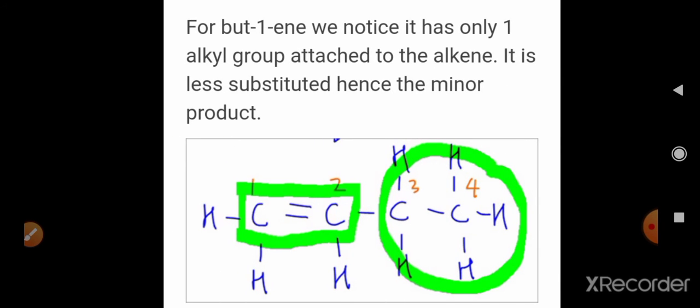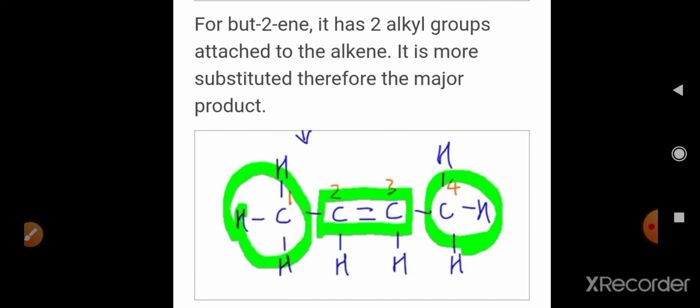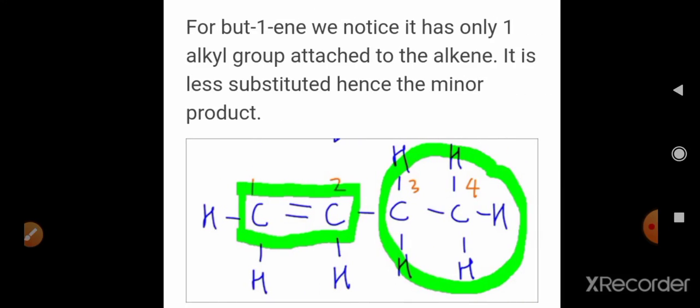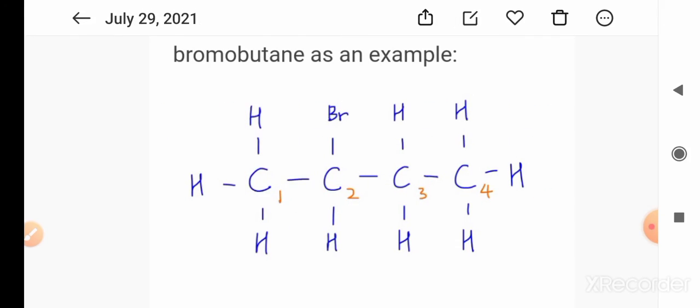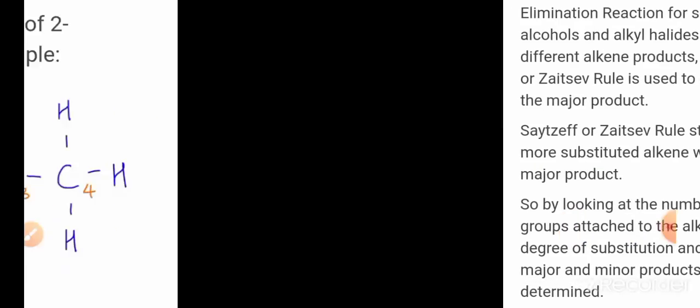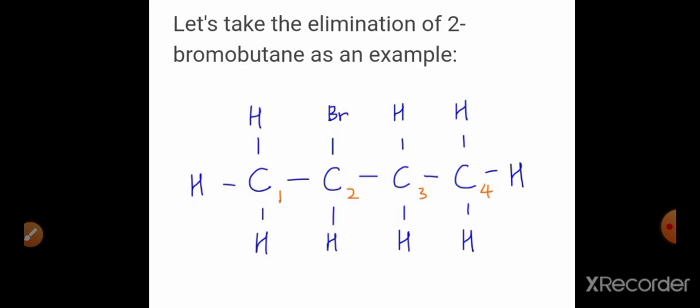Now in 2-bromobutane, with carbons 1, 2, 3, 4, Br is present at the second position, that is the alpha carbon atom, and on either side, C1 and C3 are also beta carbon atoms.